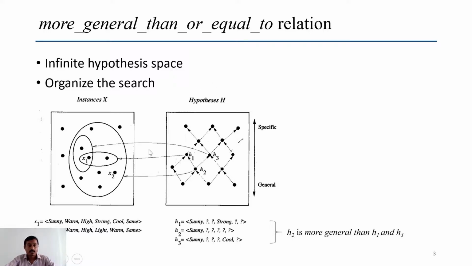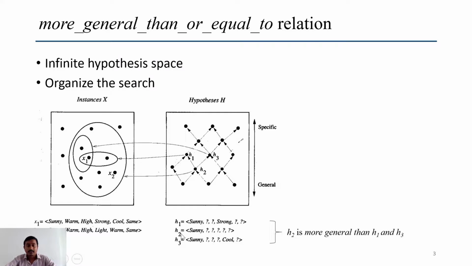For that we will consider this example. Consider these 3 hypotheses, H1, H2 and H3. H2 is saying that he will enjoy the sport on a sunny day, and H1 is saying that he will enjoy the sport when it is sunny and the wind is strong.